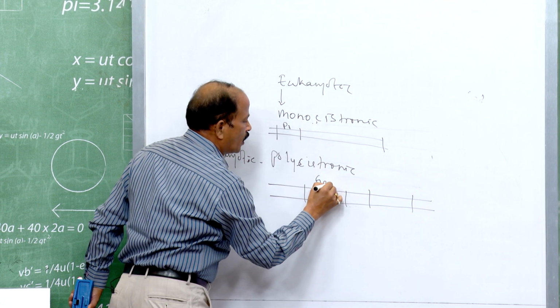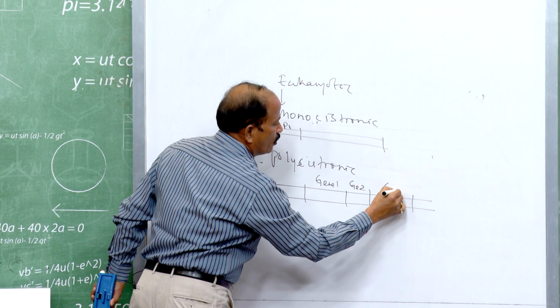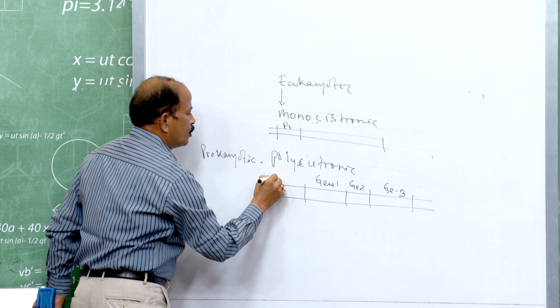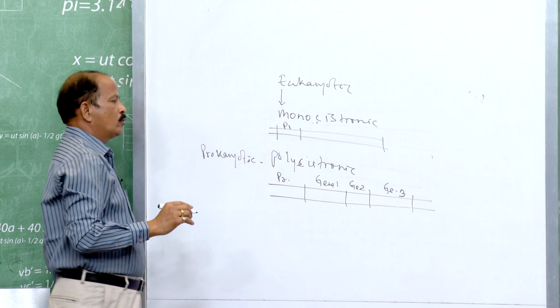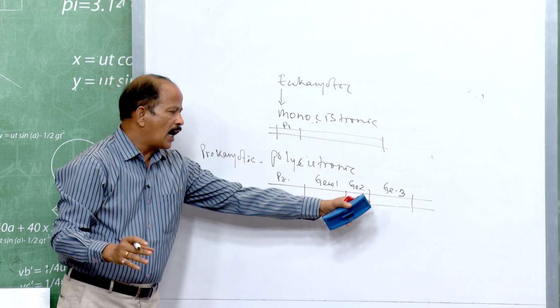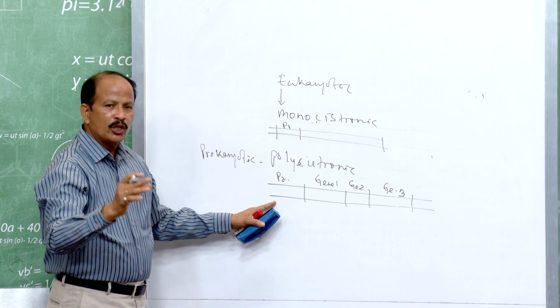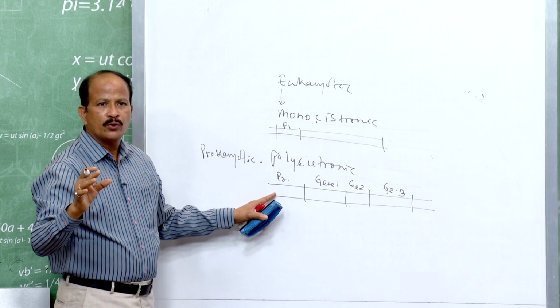If this is gene 1, gene 2, then this is gene 3, then this is the promoter. So, in case of a prokaryotic system, many genes are under the control of a single promoter and they are polycistronic and they are organized into operons.